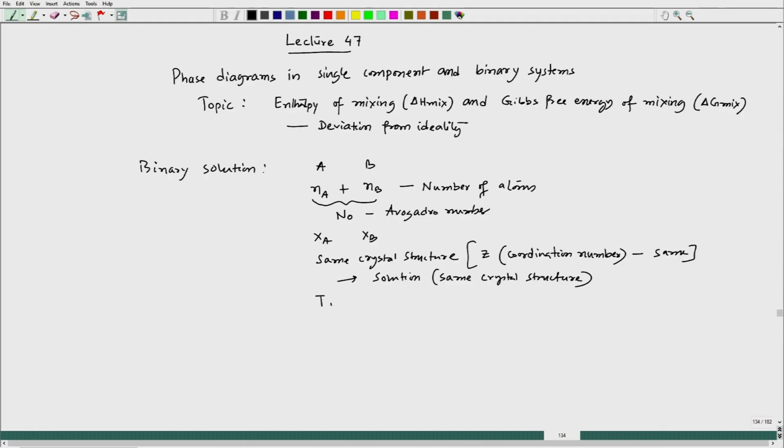We are considering a particular temperature and pressure, taking pressure to be 1 atmosphere. We have framed this del H mix, which is nothing but omega Xa Xb, where omega is Avogadro number times coordination number times the difference of bond energies of AB, that means the dissimilar atom bond, and the similar type of bonds AA and BB.